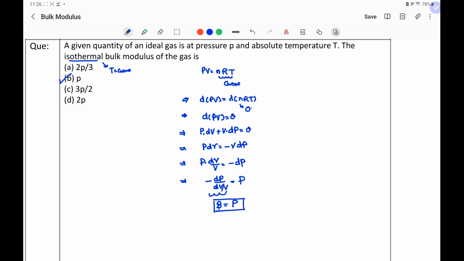And suppose instead of the isothermal bulk modulus, it is asked to find the adiabatic bulk modulus, that is the process is adiabatic. For adiabatic process, we know the equation is PV^gamma equal to constant, where gamma is the ratio of the specific heat at constant pressure and constant volume. This implies that on differentiating, we will have differential of PV^gamma equal to differential of constant, and differential of constant is 0.